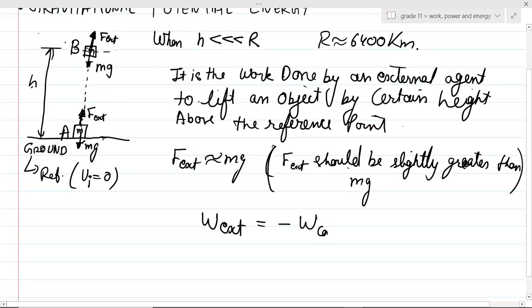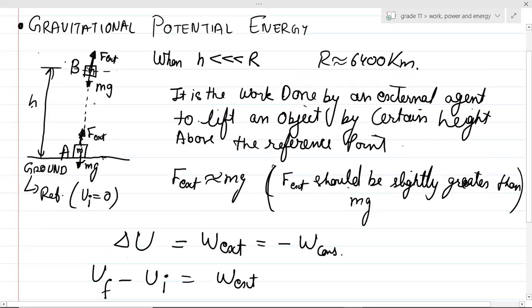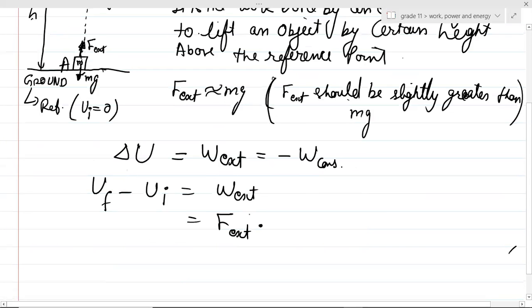So in this case, whatever work is done by the external agent, which is nothing but the negative of the work done by the conservative force, if you want, whatever you want to find out, this is defined as the potential energy of the point, or basically this is your change in potential. UF minus UI will be equal to the external agent work done, which is F external, the displacement is h, and what is the angle? Cos 0.